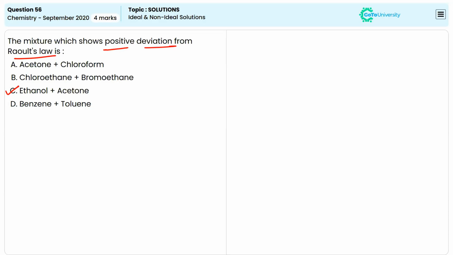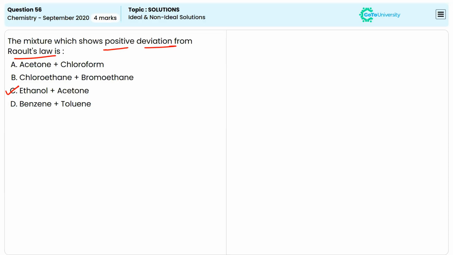In pure ethanol solution, we know that there is intermolecular hydrogen bonding. So the ethanol molecules are held together by strong hydrogen bonds. But when you add the acetone, it will disrupt the hydrogen bonding network, right? So when you are adding acetone, they are disrupting these hydrogen bonds.